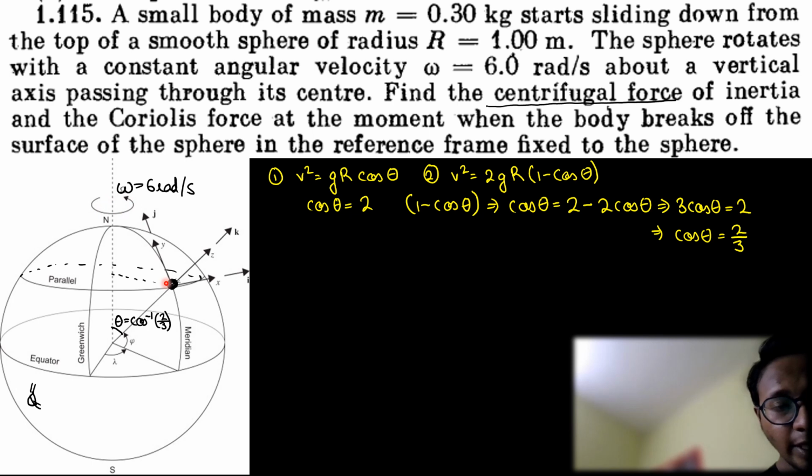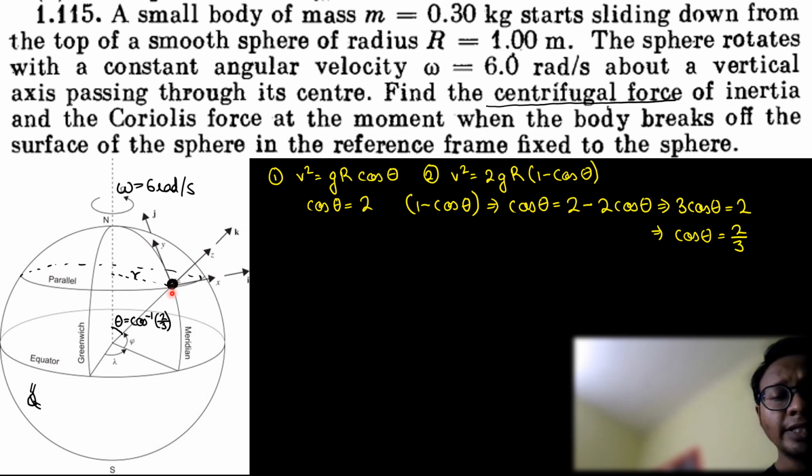When the sphere is rotating, according to an observer sitting on the sphere, the ball will be rotating around this axis. So the centrifugal force would be directly outside this line of radius r. Just imagine if the velocity is zero out here, what would happen? An observer out here would see this ball rotating around this circle.